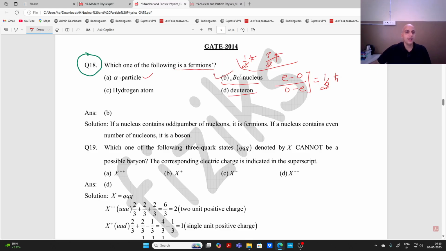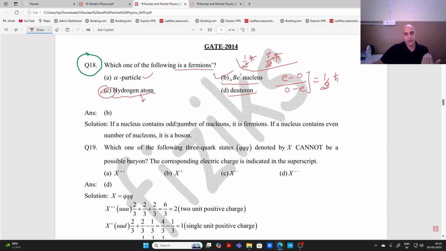It is clear. As far as hydrogen atom is concerned, now if we want to take the guess of hydrogen atom, they're talking about the atom. So we have to look at the number of particles that are contained in hydrogen atom, right?